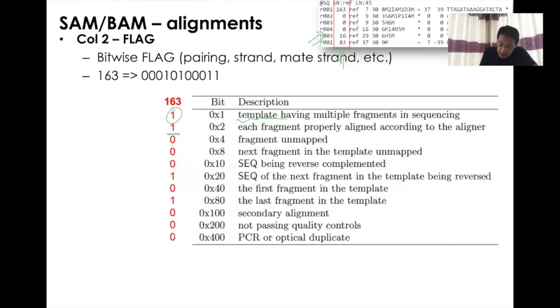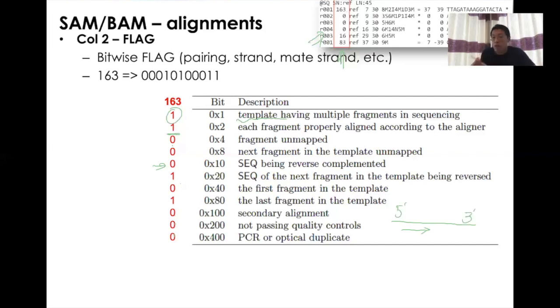And the next one is a sequence being reverse complemented. So what that means is we know that we have a human genome that we have the DNA sequence here, and this read is being reverse complemented. The answer is no, because it's 0, and that means this read is coming from 5' to 3' end of the genome.